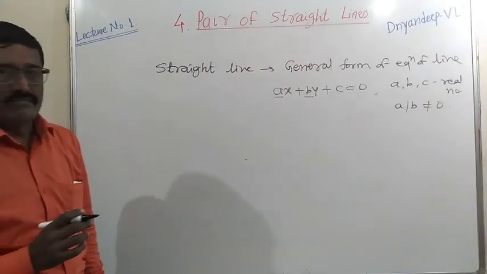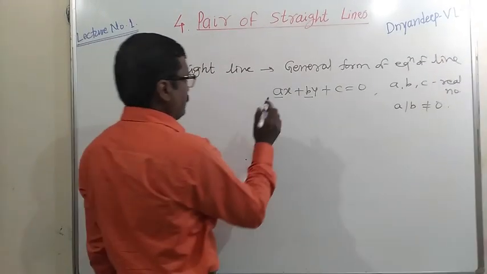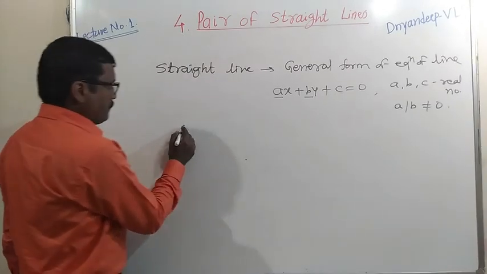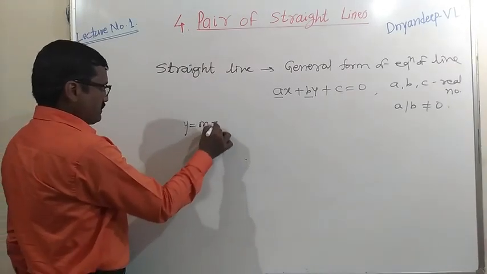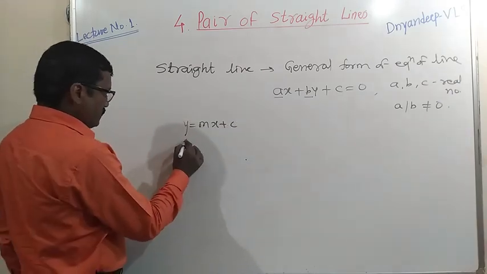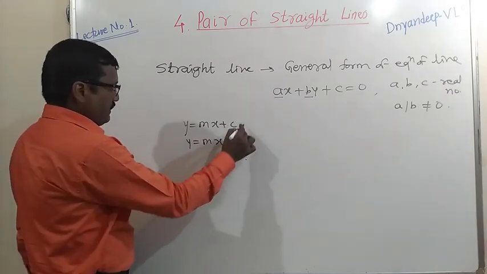Again, in that topic we have learned different forms of line. One is slope intercept form, that is y is equal to mx plus c. In general, if the line passes through the origin, then that will be y is equal to mx.